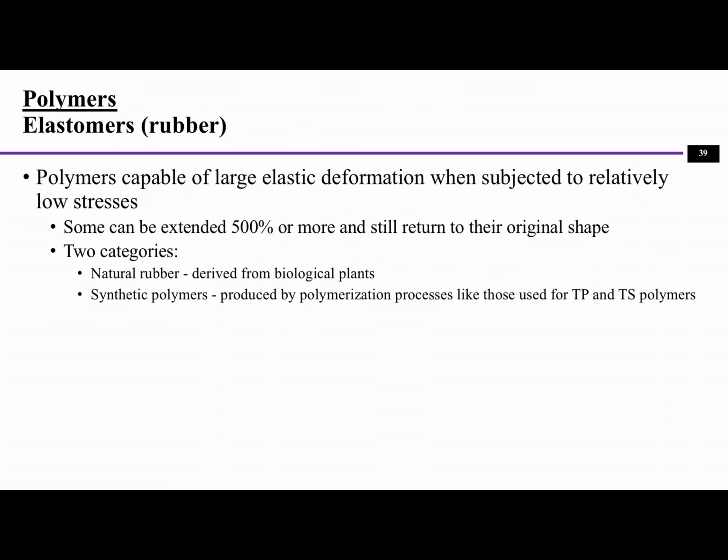Last one is elastomers. Elastomers are usually called rubbers, and they have really good elastic properties. That's why they can be used a lot in the tire industry. And for making rubbers, there are two types: one is natural rubber, another is synthetic polymers.